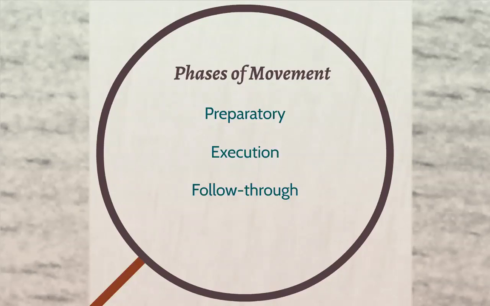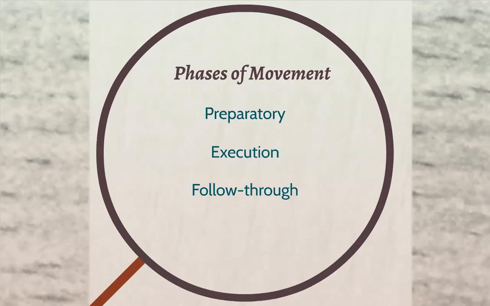And then the actual throwing of the ball and releasing is the execution. And then I follow through by bringing my arm down and across. And that just helps to absorb that energy and make the movement more efficient, right? So the more joints that are involved in the movement, the more force is applied. So we're becoming more efficient. So preparation, execution, and follow through.